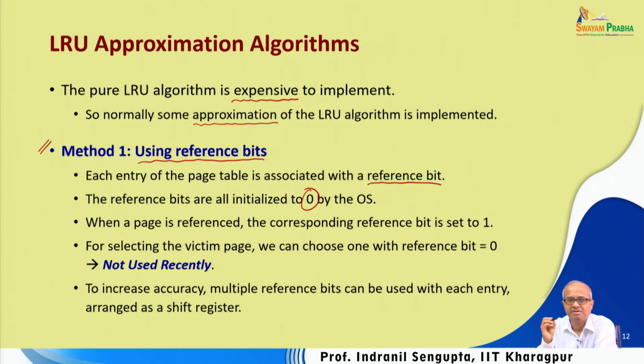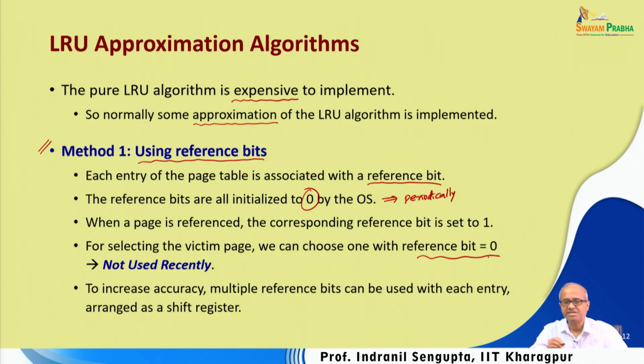Now, actually this is done periodically, because over a period of time the pages will be accessed and you may find that all the reference bits have become 1. So periodically the operating system can reset all the bits to 0 again, and to select the victim page you search the page table in any order and find any one page whose reference bit is 0.